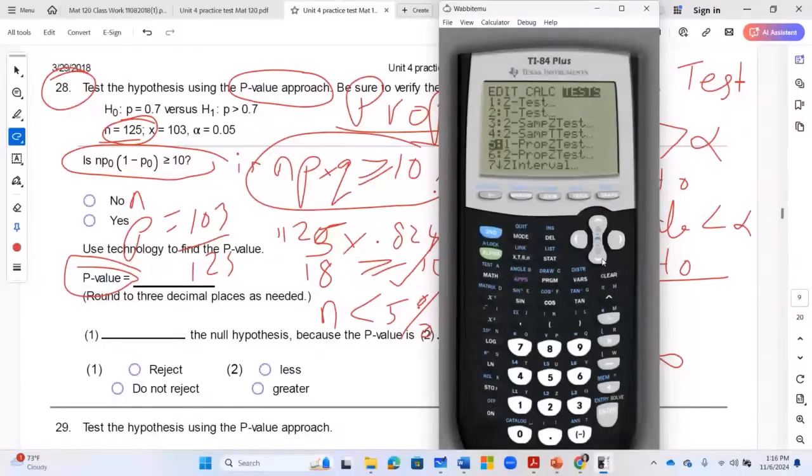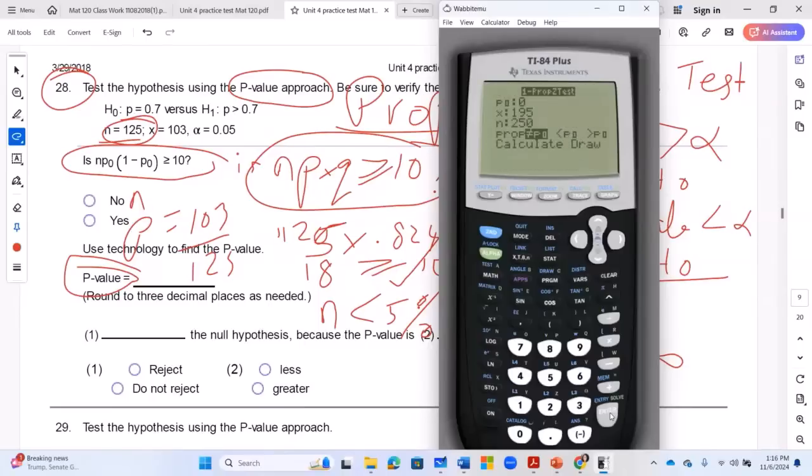It's called one proportion Z test because the binomial satisfies the condition to convert to normal.